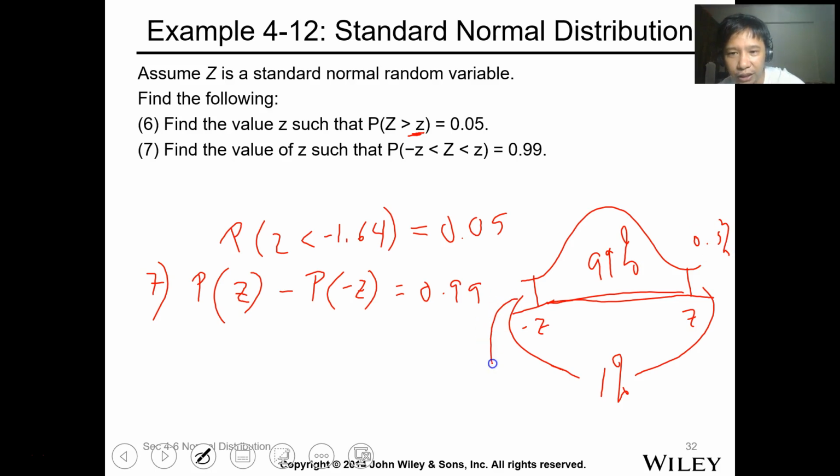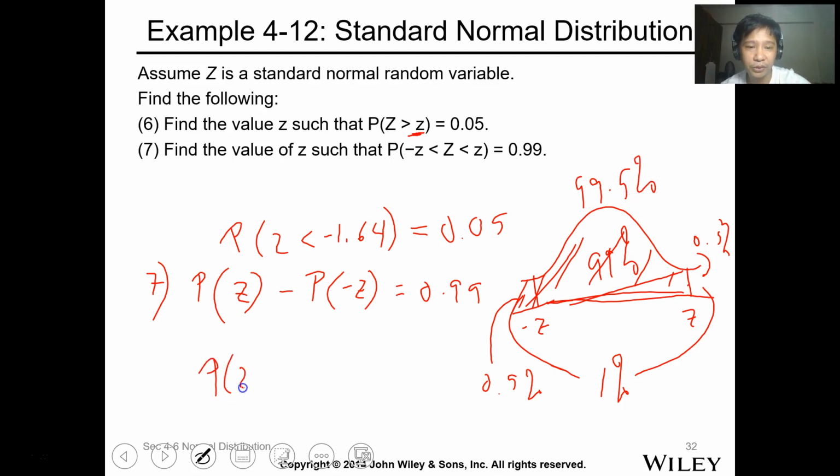At ito naman ay 0.5%. Okay, so, meaning, pag kinuha natin itong probability na to, this will be 99.5%. So, if we get the probability of Z dito, this is equal to 0.995.